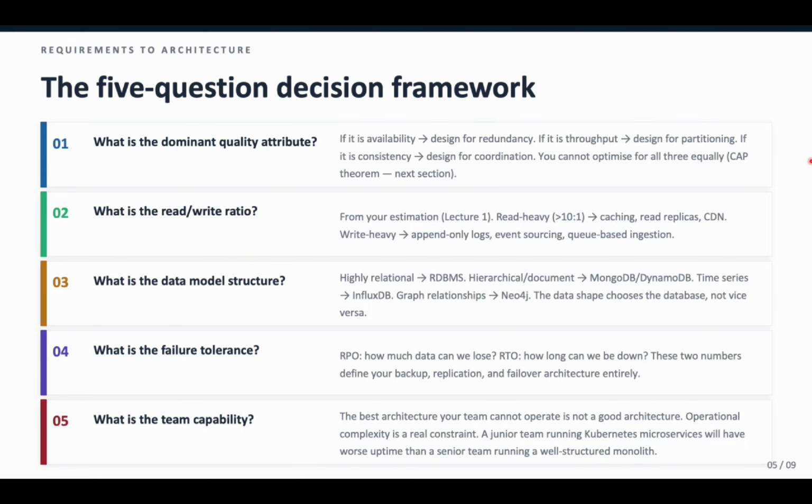Operational complexity is a real architectural constraint. A junior team deploying microservices across Kubernetes will have worse uptime than a senior team running a well-designed monolith. So be honest about this. Design for the team you have, not the team you wish you had.